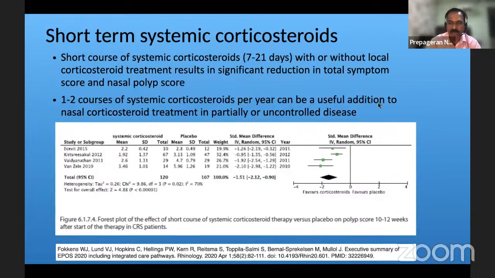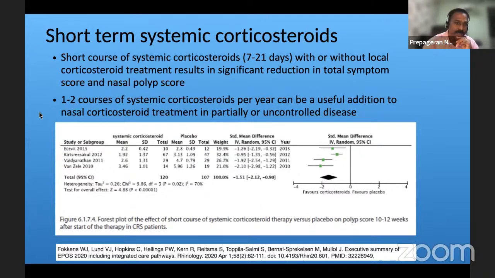And you can see this very clearly in this graph here. All the 4 study groups have shown that a short course of oral corticosteroid in patients with CRS with nasal polyposis has a very good effect as far as the reduction of symptoms.